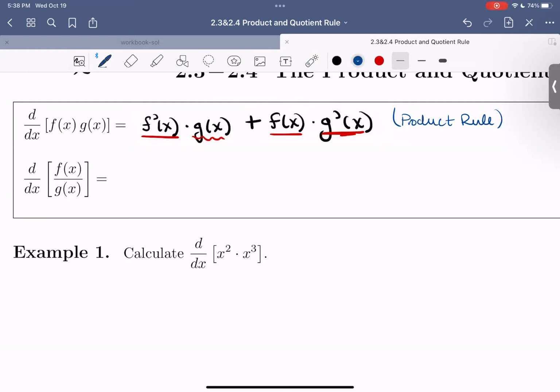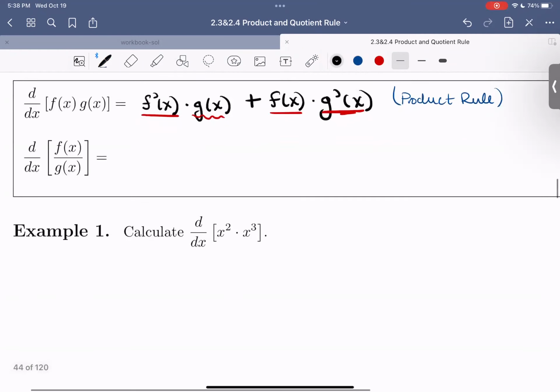All right, so now let's get to the quotient rule. When we want to compute the derivative of a quotient of two functions, meaning a function divided by another function, we have to follow the following rule. This one's a little more involved, but I'll get into some helpful ways of remembering this formula. How we write the derivative here is the following.